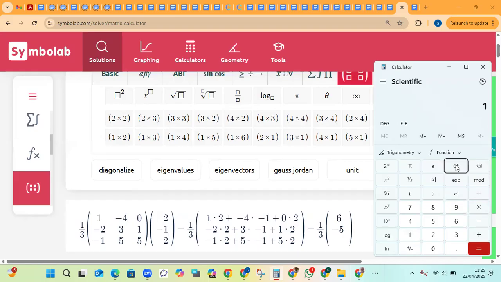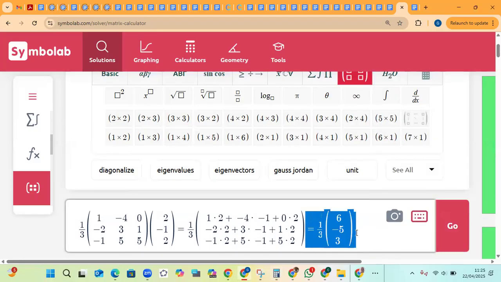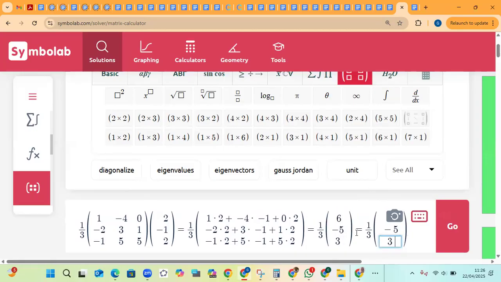So here we have -1 times 2 plus 5 times -1 plus another 5 times 2. We get a 3, and now we're going to multiply by a third. So all the elements in this column matrix are going to be scaled down by a third.